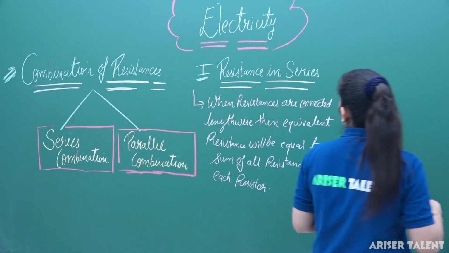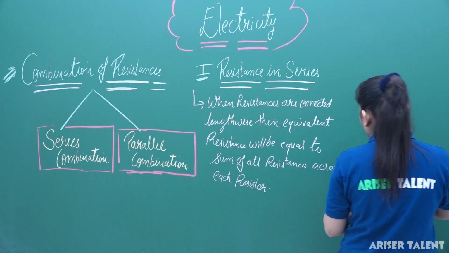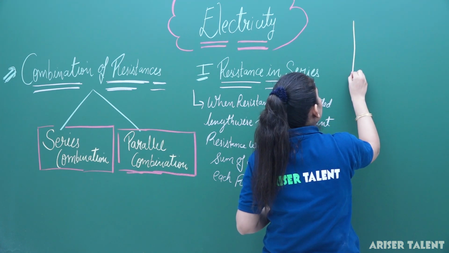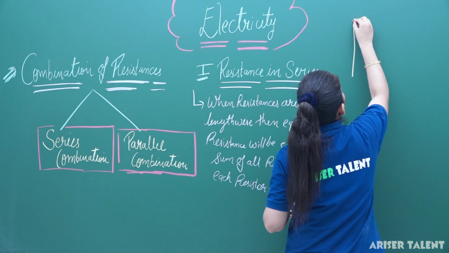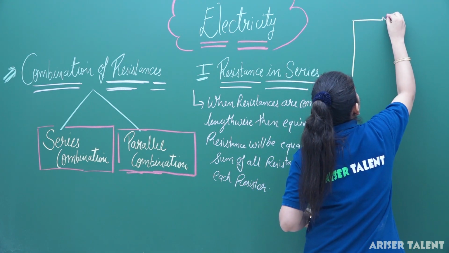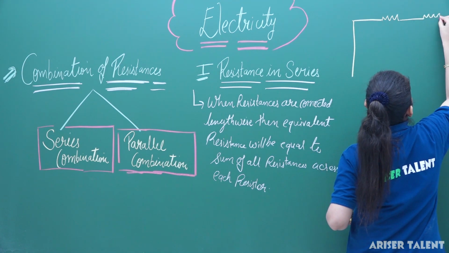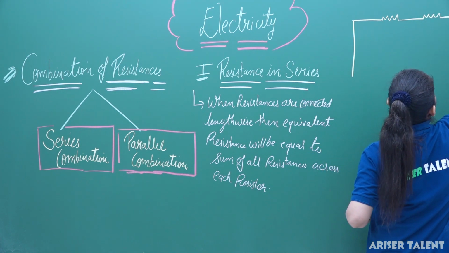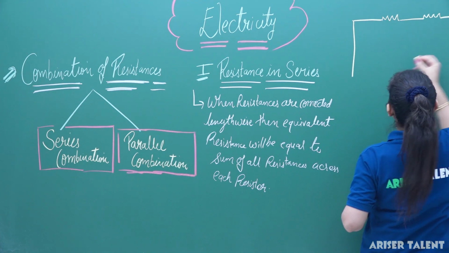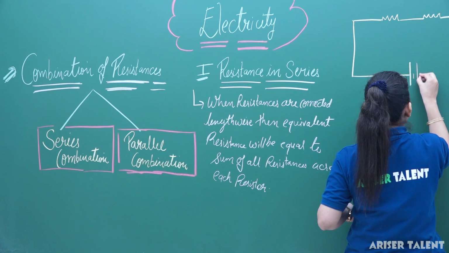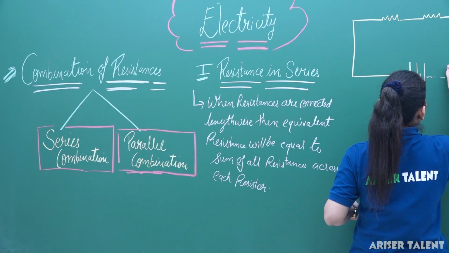Now, let us draw a circuit diagram for the series combination. Firstly, I have taken 3 resistances. This is the symbol of resistance. I have connected these resistances with a battery.